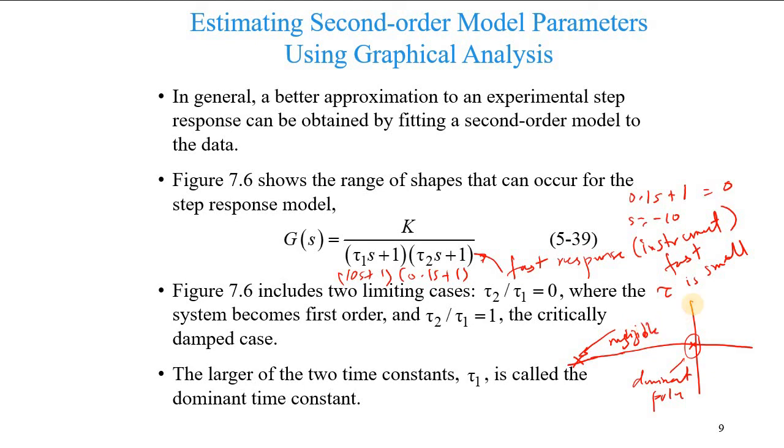Okay, and then you're going to cancel out this term. This is the reason that sometimes if we have sensors, we do not consider the transfer function of those sensors; we consider it as 1. Why? Because K is always 1 for a sensor, and the denominator of that sensor will also be 1 because it will be very fast, and that means it's negligible relative to the transfer function of the system.